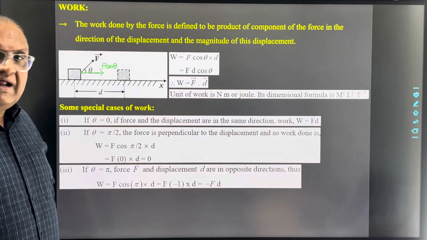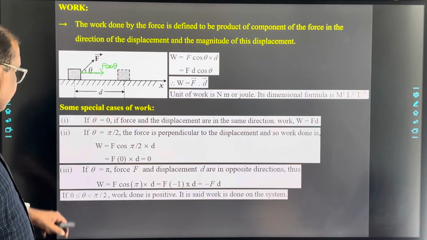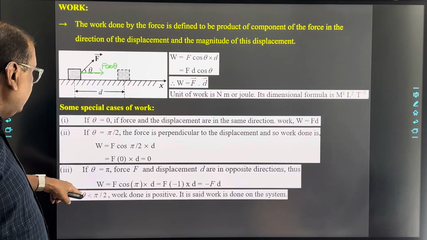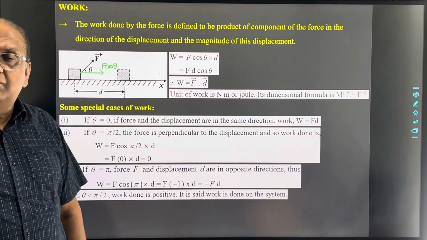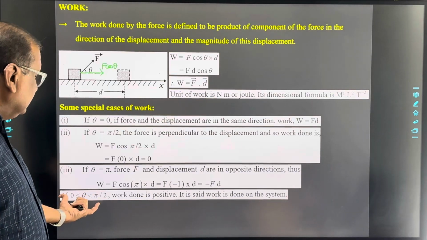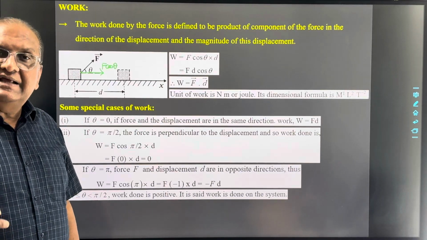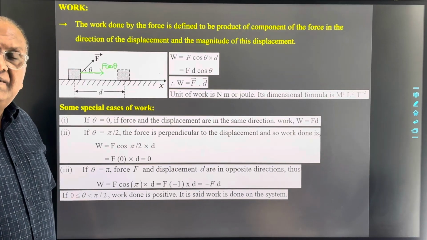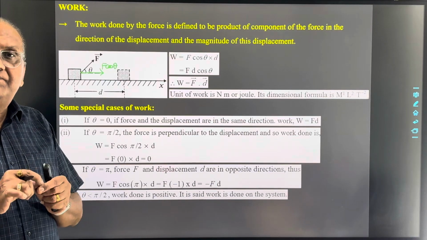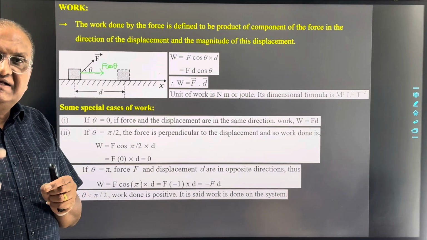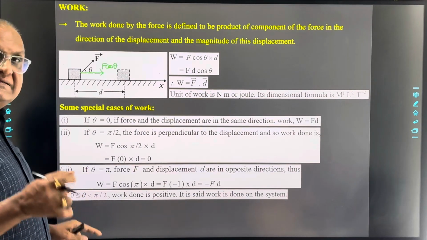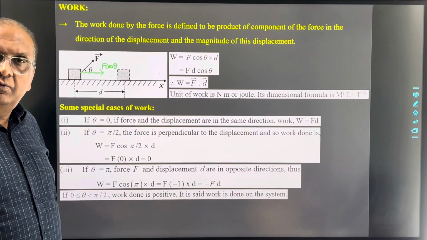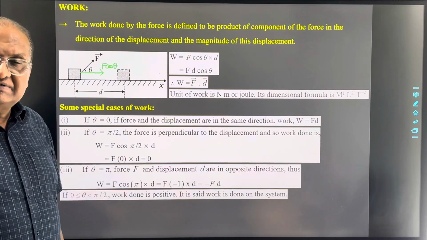So in a broad sense we can say, if 0 is less than or equal to theta is less than pi by 2, if this condition is satisfied, then the work done will be positive. Means if the angle between force and displacement is either 0 or between 0 to pi by 2, then work done is positive.